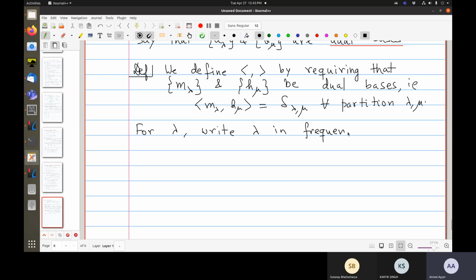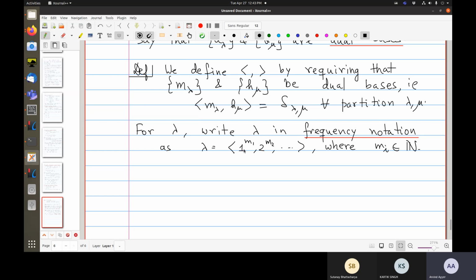I don't remember if I've used this before, but I'll state it again, as 1 to the m1, 2 to the m2, etc., where the mi's are non-negative integers.